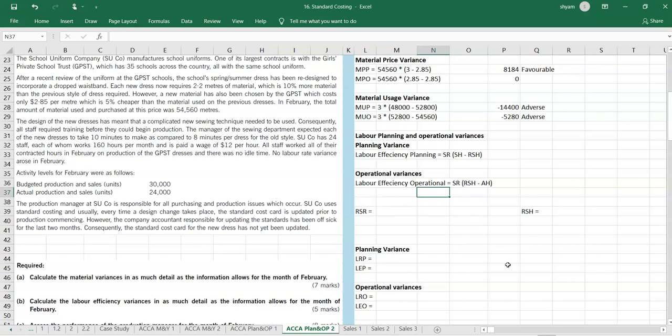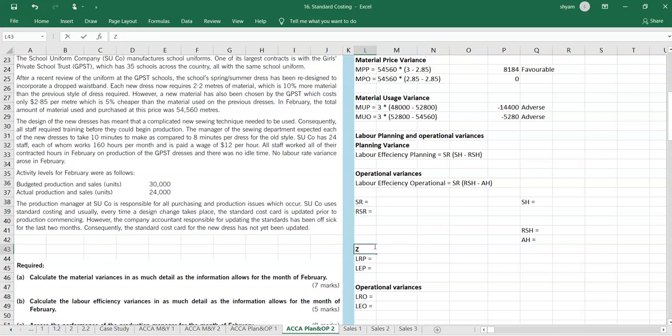The numbers we want are RSR and RSH. Apart from that, we also want SR. We also want AH and SH. So I think AR is not required. So these are the numbers that we want.